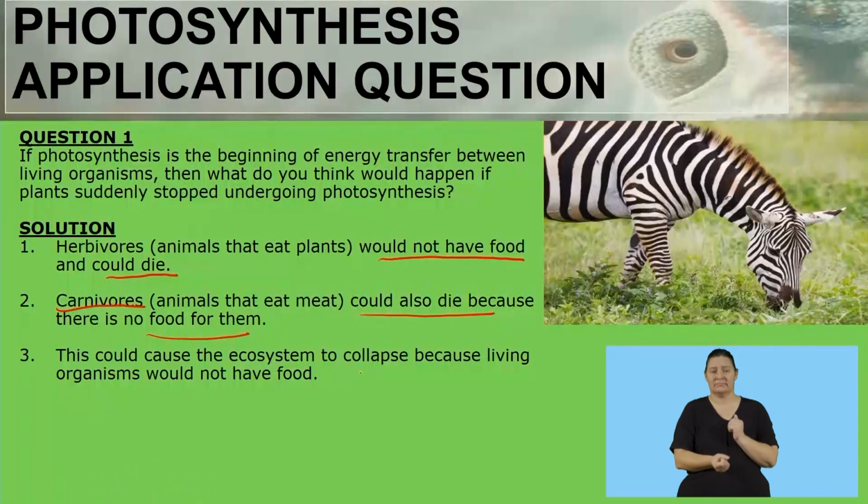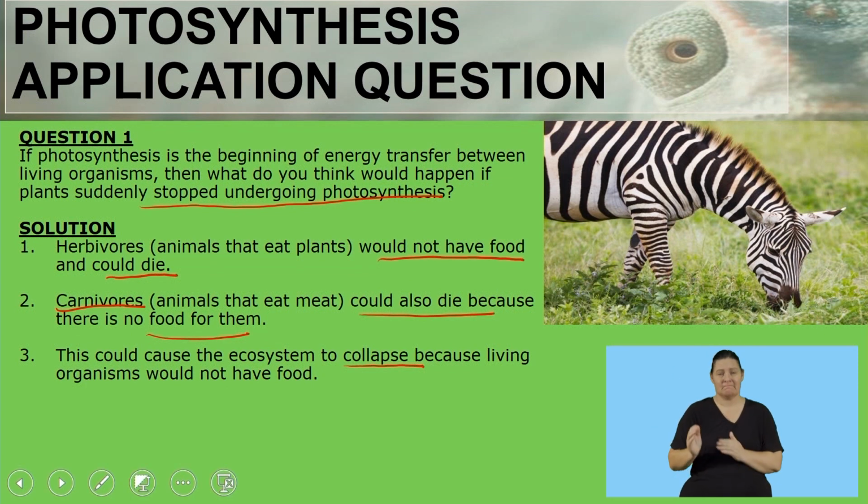Then they could also die. And then this could cause the ecosystem to collapse, because living organisms would not have food to survive. So that is answering our question, what would happen if photosynthesis stopped happening in plants? Let us move on to the next one.